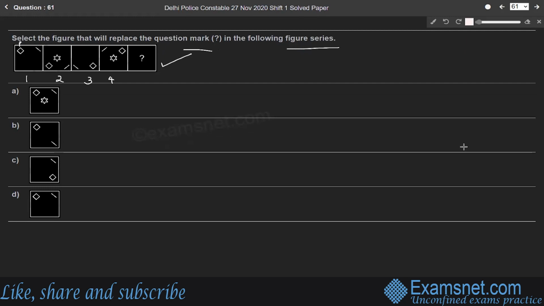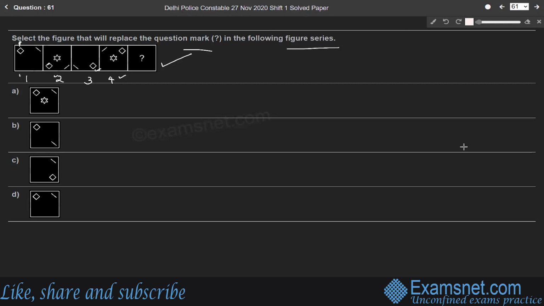Look at the second figure, in which the image in the first position is in the lower left corner. In the third figure it is in the lower right corner, and in the fourth figure it is in the upper right corner. Hence, the image in the first position in figure 1 is moving in the anti-clockwise direction.